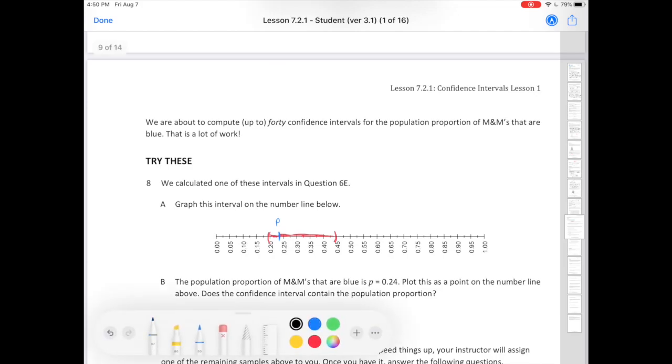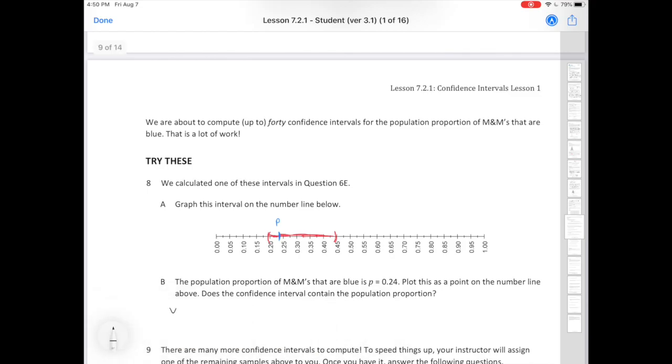So does the confidence interval contain the population proportion? We'll say yes. 0.24 is contained in the confidence interval.